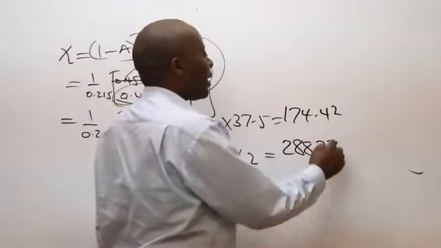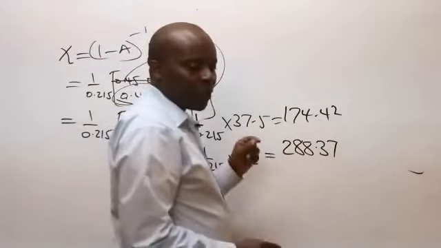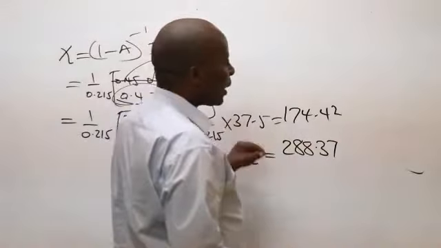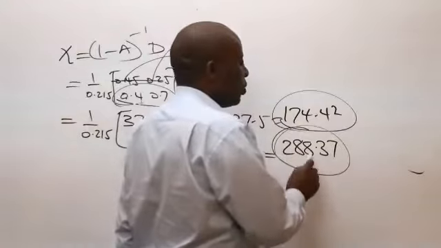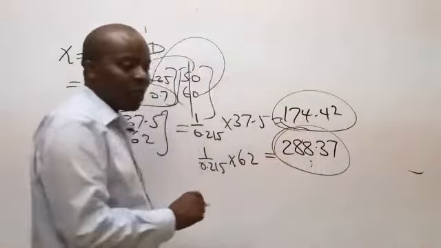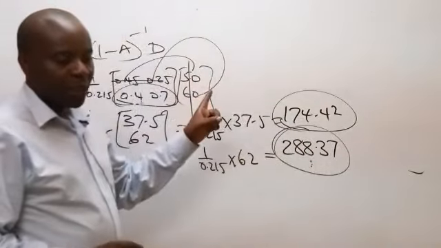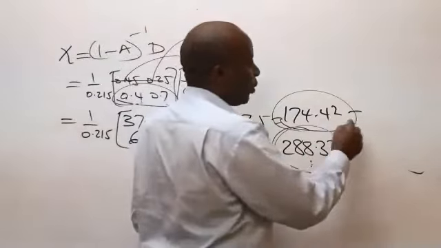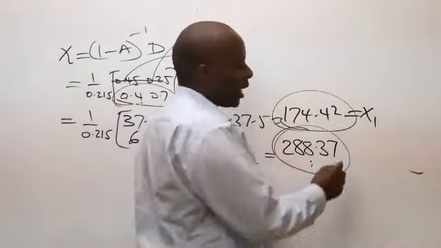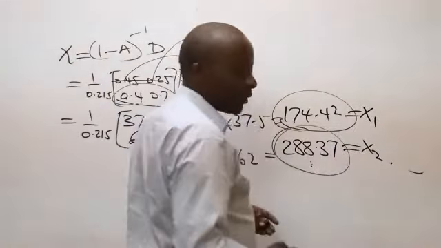So it means that for these two sectors, to be able to satisfy total demand, they must produce these outputs. These are our predicted outputs, our X values. This could be my X1, and this could be my X2.